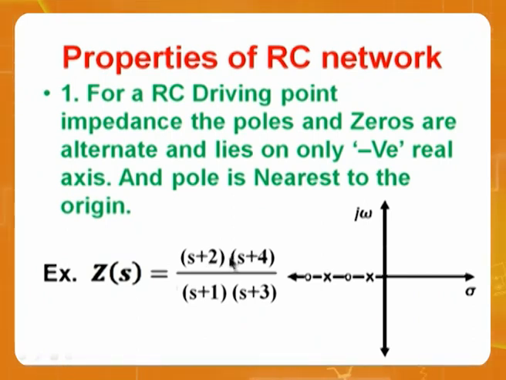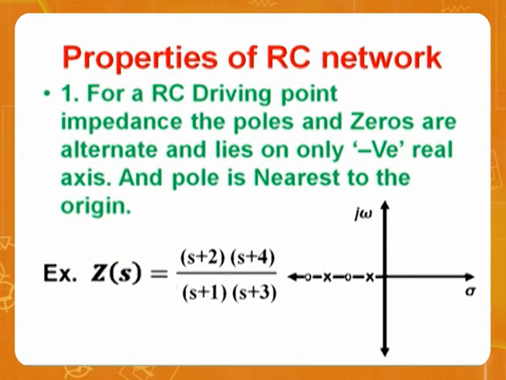Please remember, the roots of the numerator are called zeros because the function becomes 0, and at the roots of the denominator, the function becomes infinity. Infinity is called a pole. Pole means like a pole, it jumps to infinity. That's the meaning. With that understanding, you will continue.